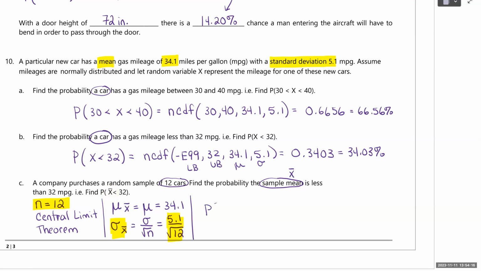And again, just rewriting that for emphasis, so now it's the probability the sample mean is less than 32. So the order remains the same. We're still shading to the left, the less than case. Start at negative infinity, and then the upper limit, 32. And 34.1, the mean stays the same as the original population, but when we get to standard deviation, we do 5.1 divided by the square root of 12.